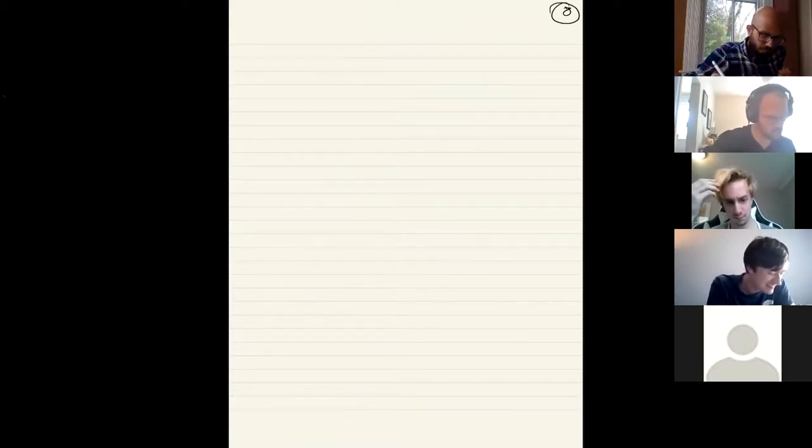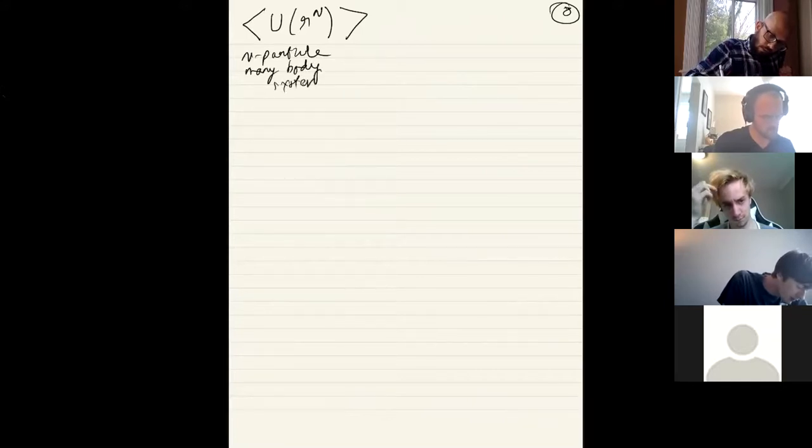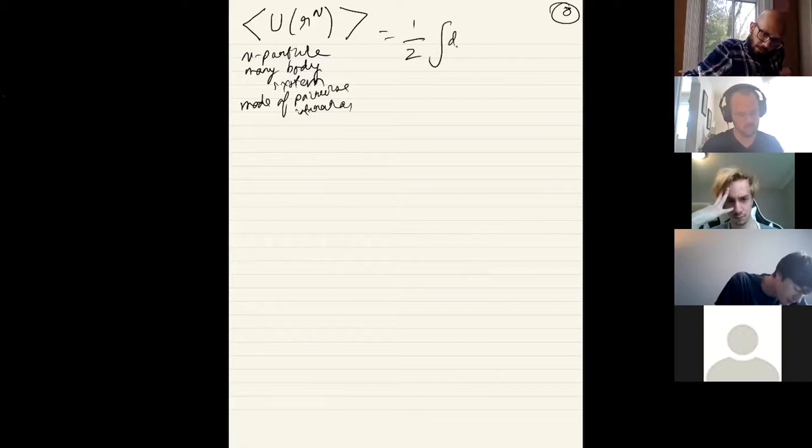So now we have our important equation, which says that the average energy of an n particle many body system made of pairwise interactions, that's the assumption we had over here, is equal to half the integral of d of R1, d of R2, small u of R12, rho 2 of R1, R2.